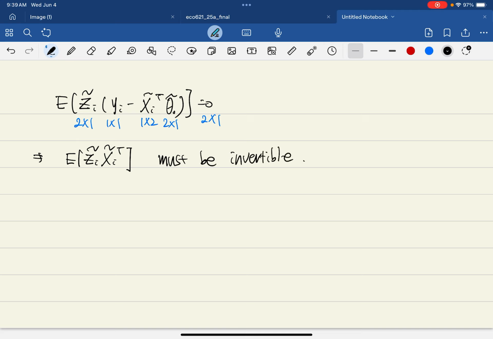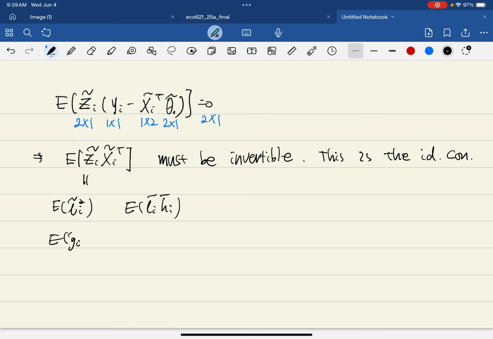That is the identification condition, right? And it is simpler because it is 2 by 2. So this is expectation Li tilde squared, expectation Li tilde Hi tilde, expectation Gi tilde Li tilde, and expectation Gi tilde Hi tilde. It's 2 by 2.